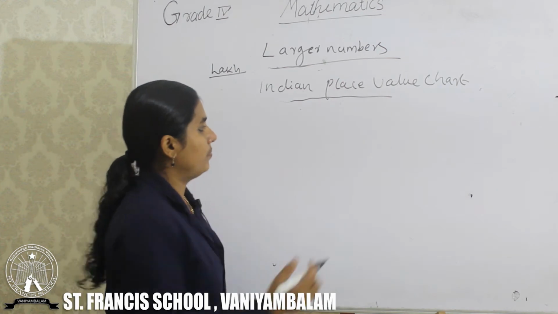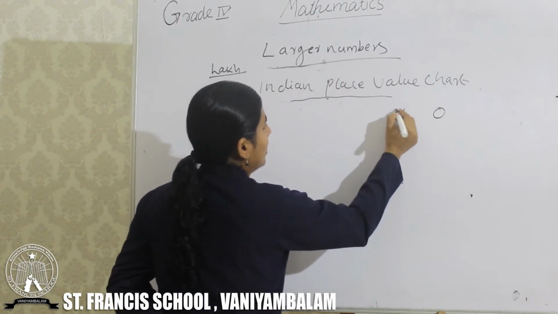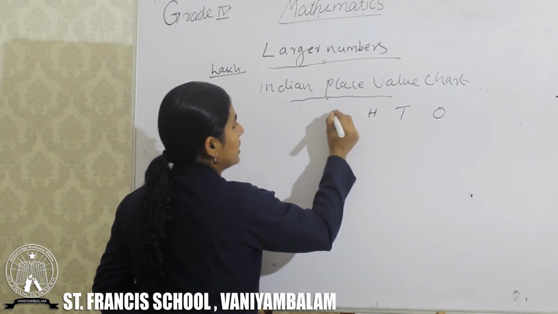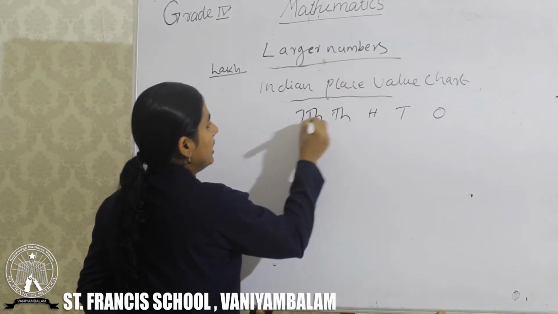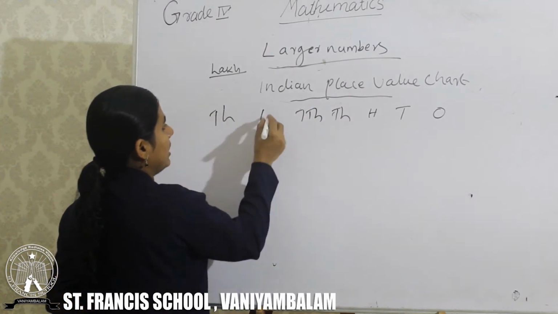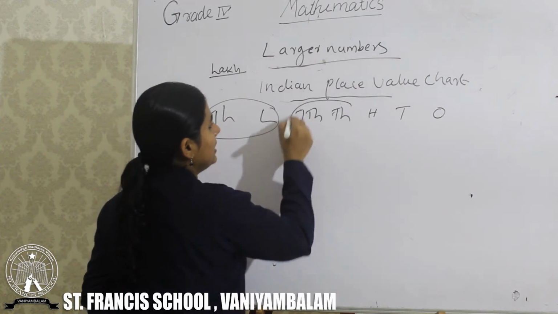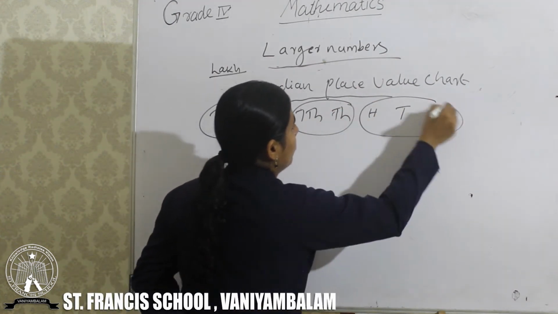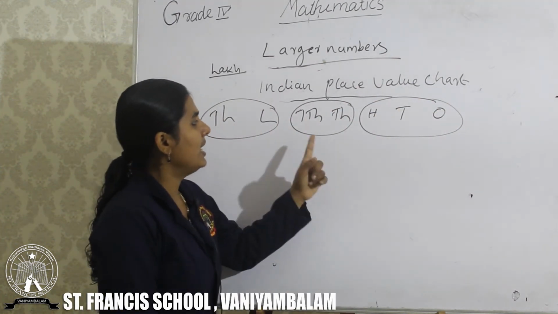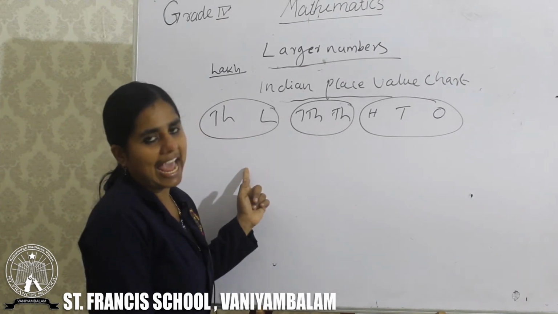Ones, tens, hundreds, thousands, ten thousands, then lakh, ten lakh. This is the ones period, this is the thousands period, this is the lakhs period.